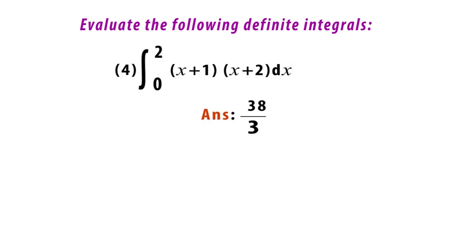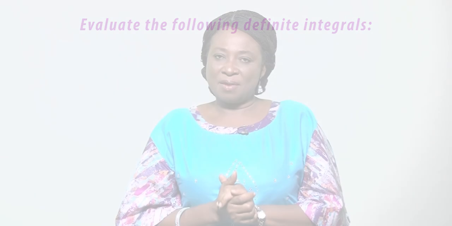The integral from 0 to 2 of x plus 1 in one bracket multiplied by x plus 2 in another bracket dx. Your answer will be 38 divided by 3. In each case, remember to reduce your improper fractions to mixed numbers. Good.